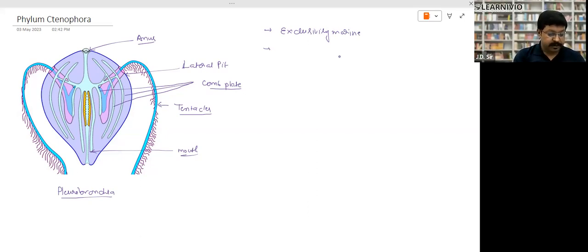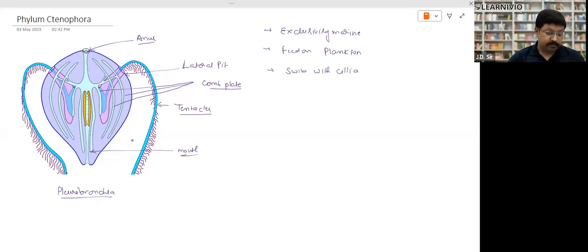The next thing is that they feed on plankton. They swim with the help of cilia, and they also have the power of regeneration.